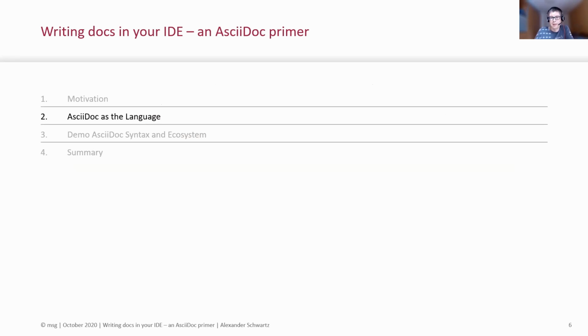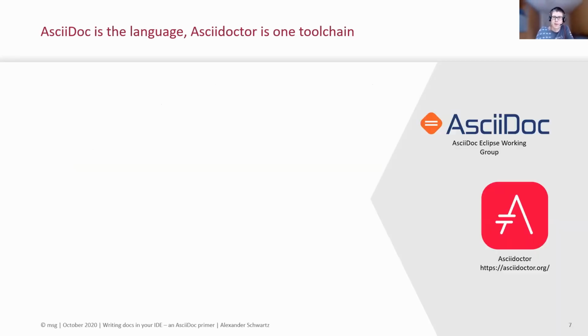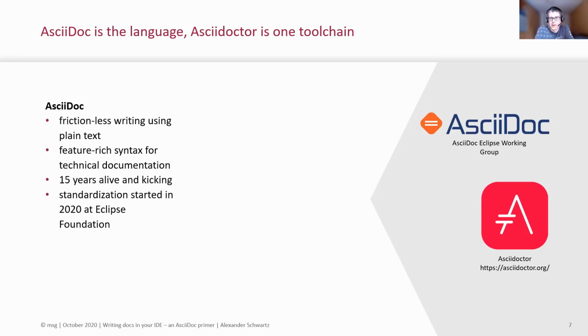And this is where the AsciiDoc language comes into play. AsciiDoc is the language, and Asciidoctor is one tool chain to transform a text file written in AsciiDoc to HTML, to a PDF, to a wiki, to a website with documentation, as we will see today. So the idea of AsciiDoc is that you have frictionless writing.